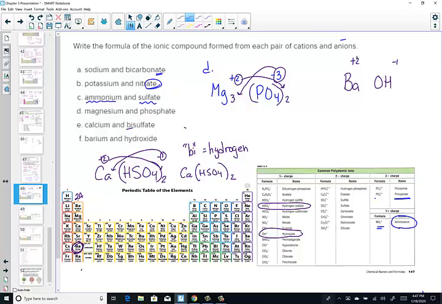We need to do our crisscross. The 2 tells me how many groups of hydroxide. Inside of a parenthesis, I want to take two groups of OH, and I need one barium. So we'll write that as Ba(OH) taken twice.